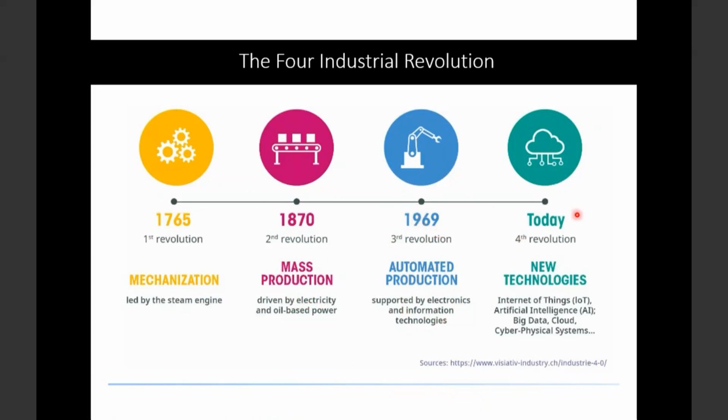And today, a lot of new technologies come out, such as IoT, artificial intelligence, big data, cloud storage, cyber physical systems, machine learning, deep learning, etc. So now we are in the 4.0 revolution. This is how the industrial revolution went from the first revolution until today's revolution.